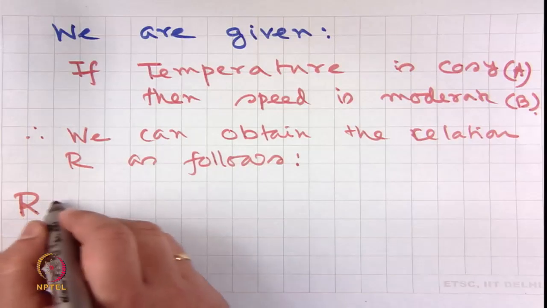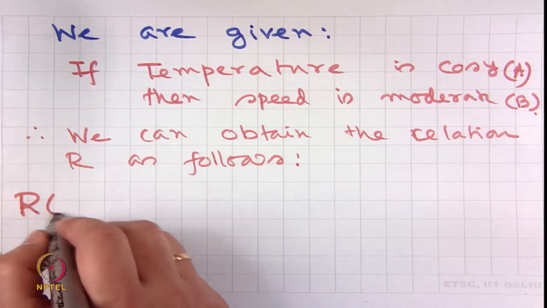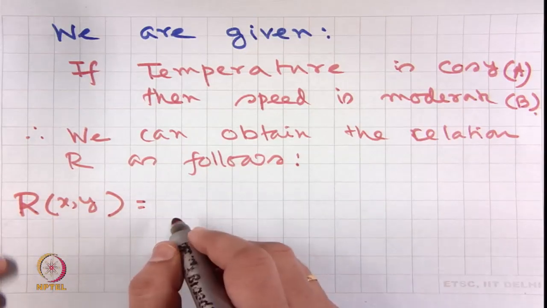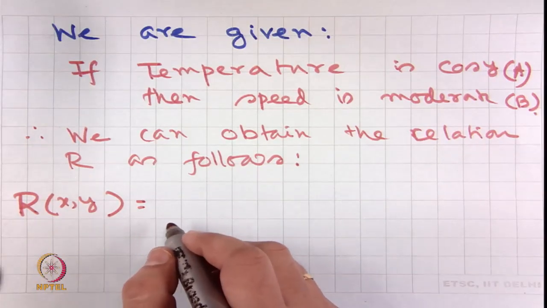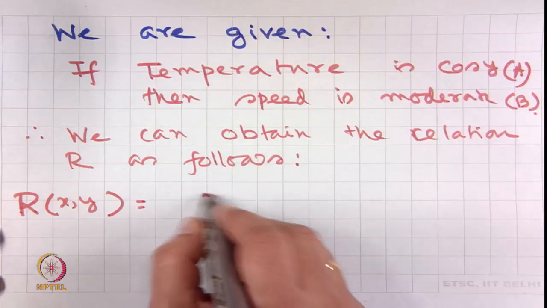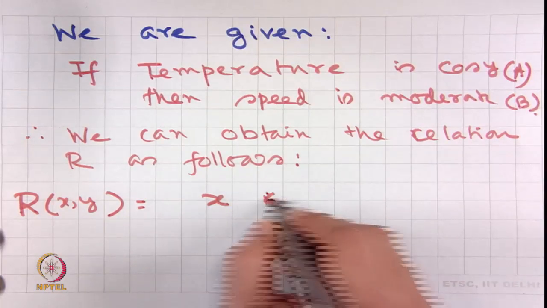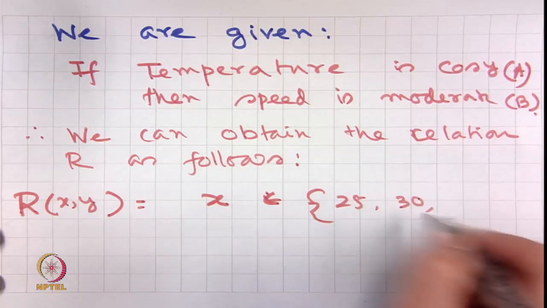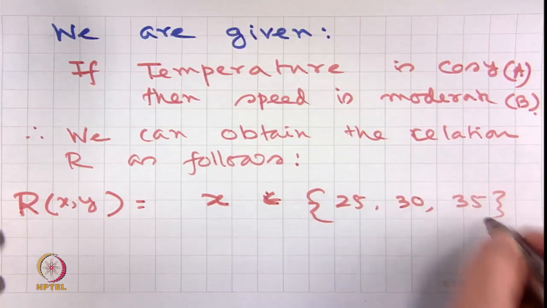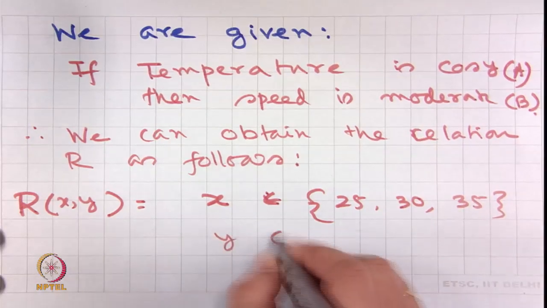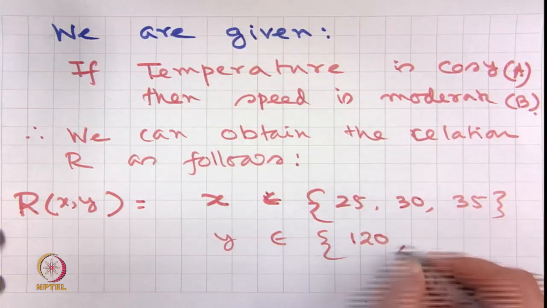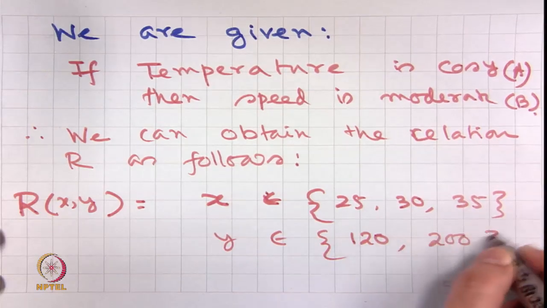R, which is between x, y, where x takes only 3 values 25, 30 and 35, and y belongs to the values 120 and 200.